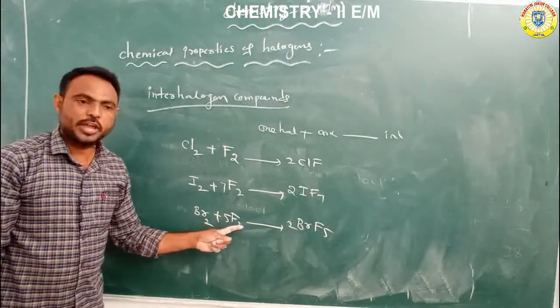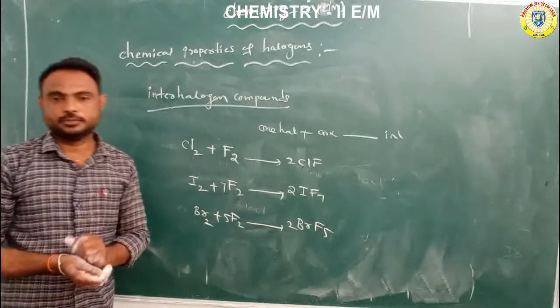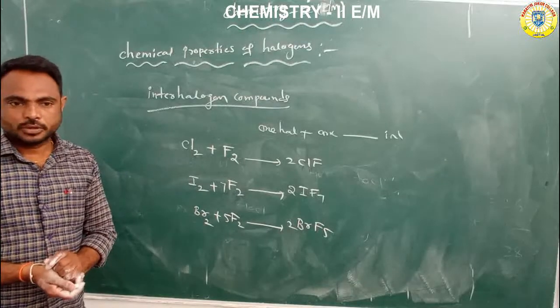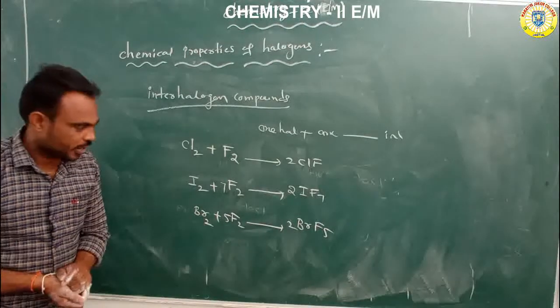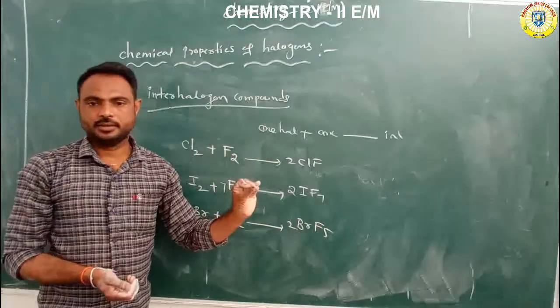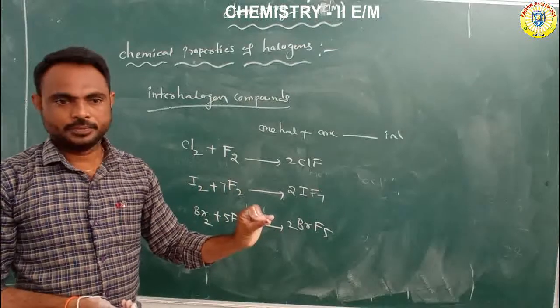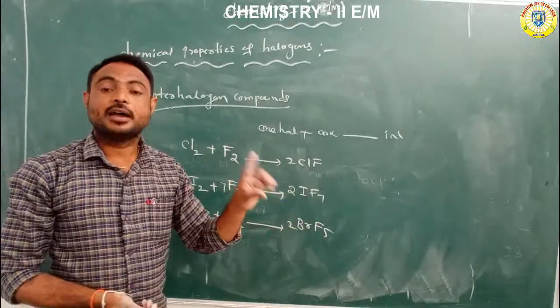Br2 plus 5F2 gives rise to 2BrF5. So bromine pentafluoride. Bromine pentafluoride. Okay, so they are all interhalogen compounds.